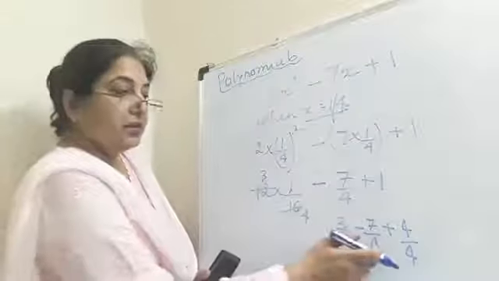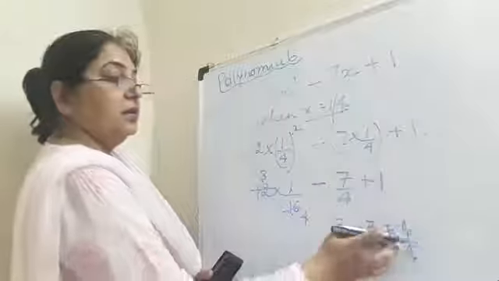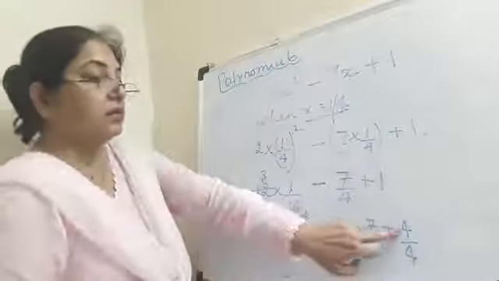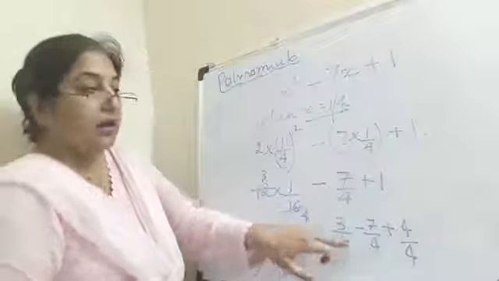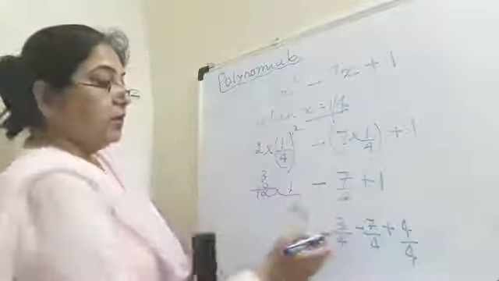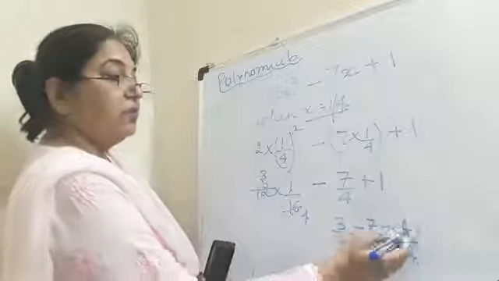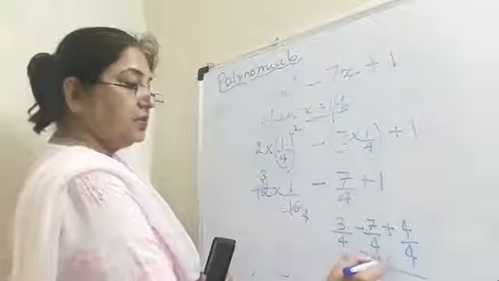This concept is clear to you. We have done in the previous class that for 1 we can write as a denominator. I'll take 4 here because this is a common denominator, and 4 by 4 will give you 1. Okay, so therefore 3 by 4 minus 7 by 4 plus 4 by 4. LCM is 4. 3 minus 7 plus 4.